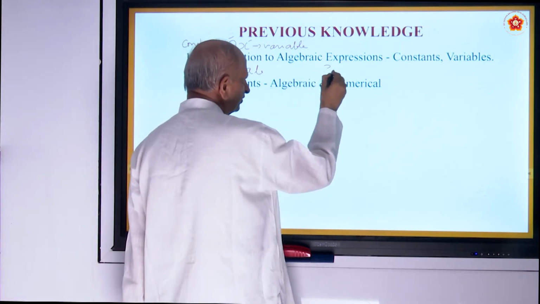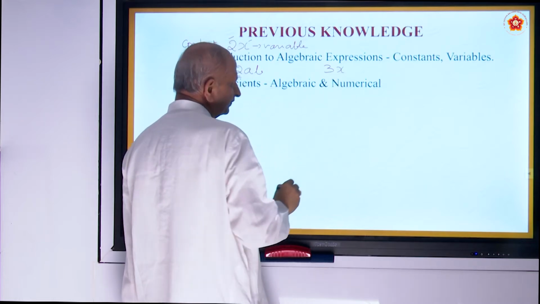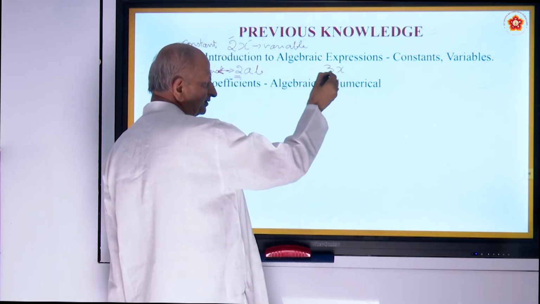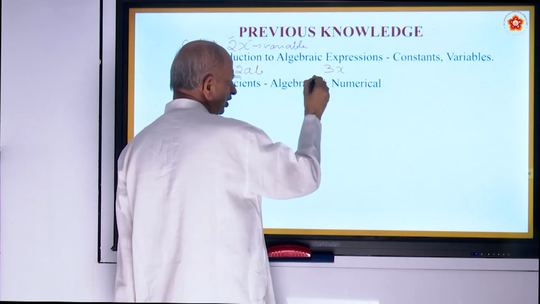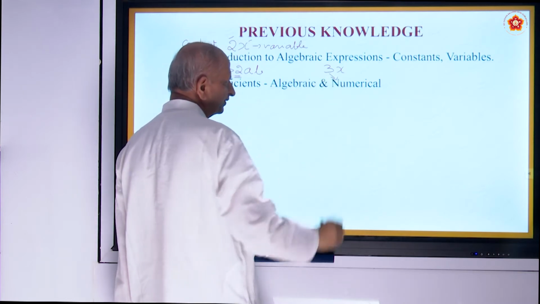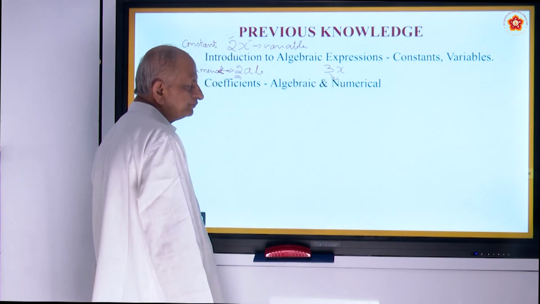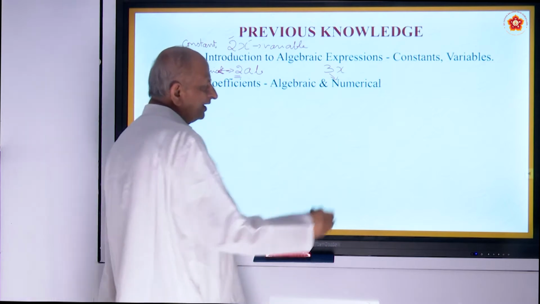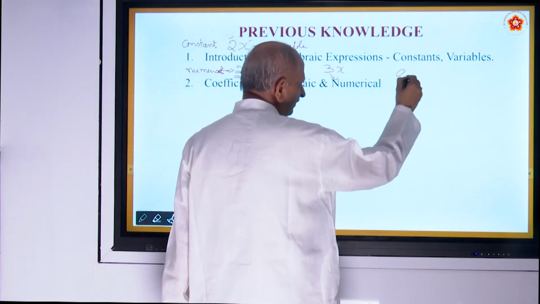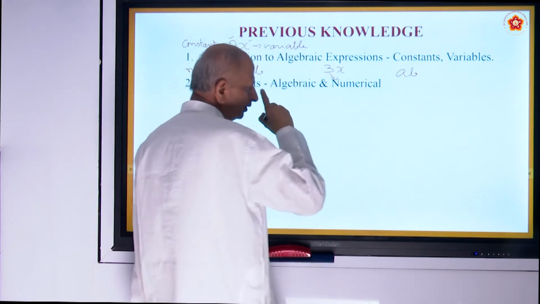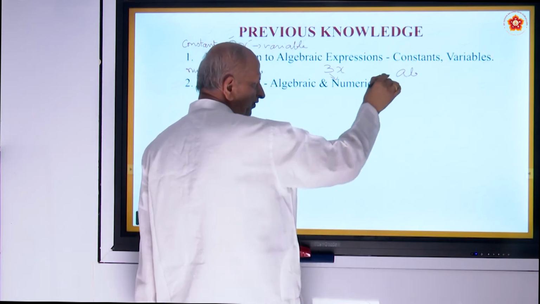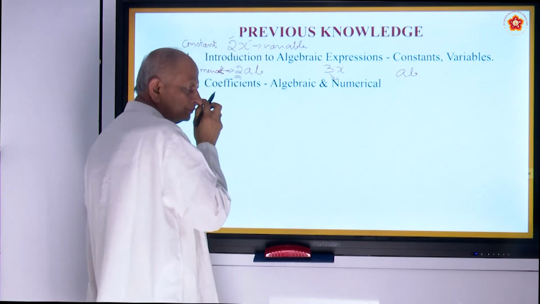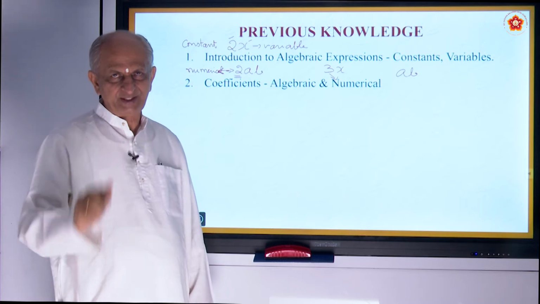Suppose you have 3x. Here variable is x. 3 is called coefficient. This 3 is called numerical coefficient. Correct? And suppose you have ab. The coefficient of b is a, or coefficient of a is b. So what do you mean by coefficient?